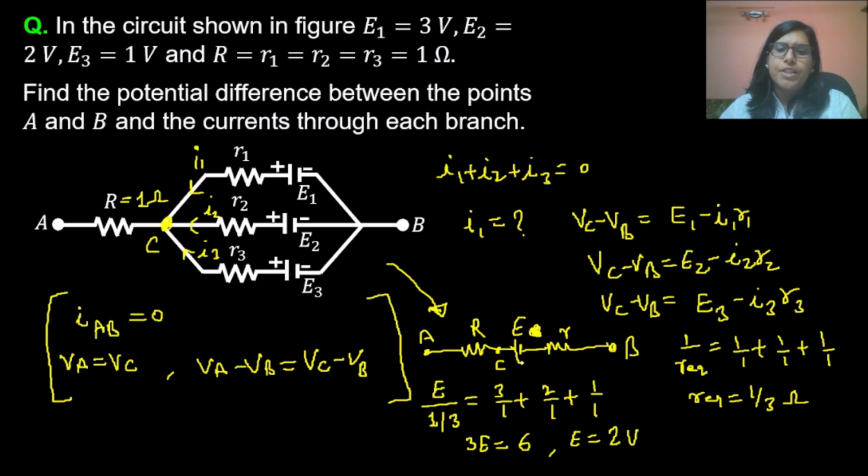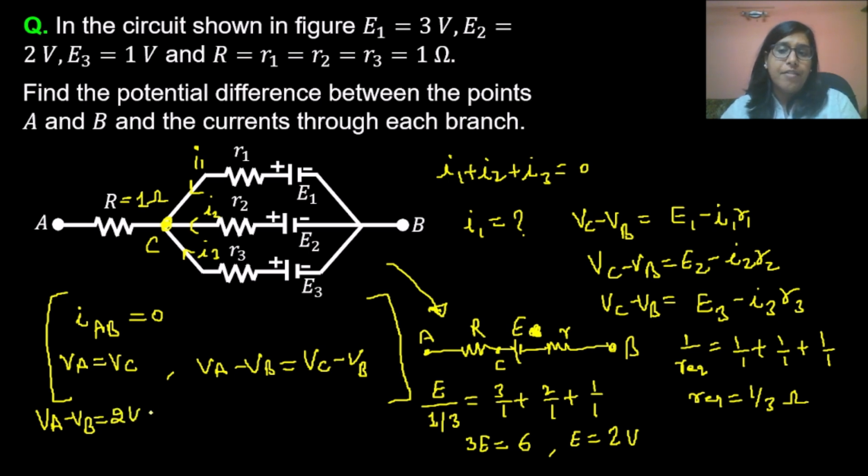So VC minus VB is 2 volt. We have to calculate the voltage VA minus VB. Because current here is 0, VA minus VB equals VC minus VB. So the potential difference between A and B is 2 volt.